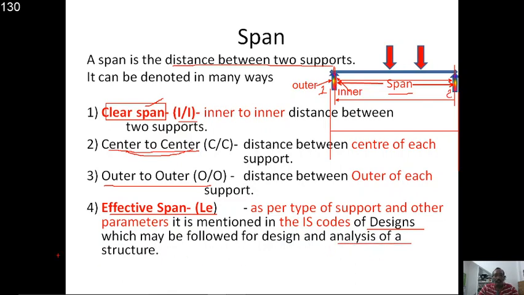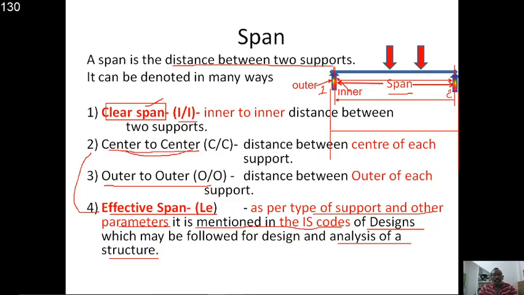Sometimes we will term it as center to center, or it might be as per the code mentioned in the IS code. As per the different types of supports it might vary, and some other parameters of the loading conditions also change it. The width of the support and the type of the support all determine your effective span.